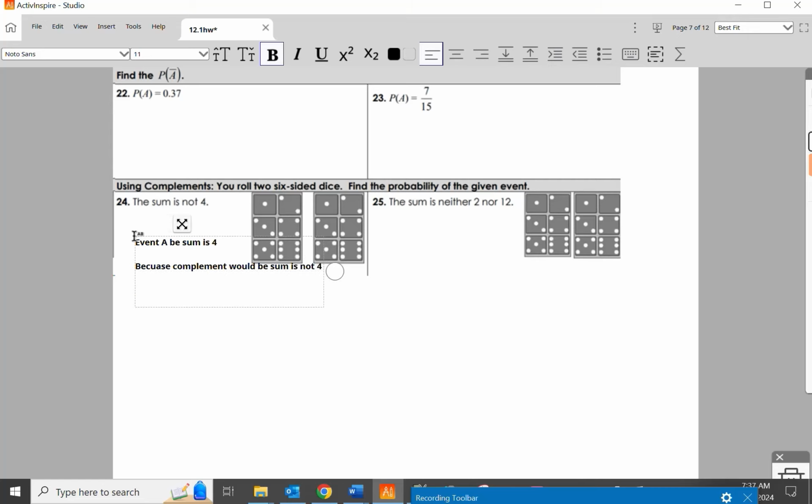So let's find the probability of event A. The sum is 4, and I can think of how many ways I can do this. I'd have to have like a 1 and a 3, right? I could be a 1 and a 3, or I could be a 2 and a 2.